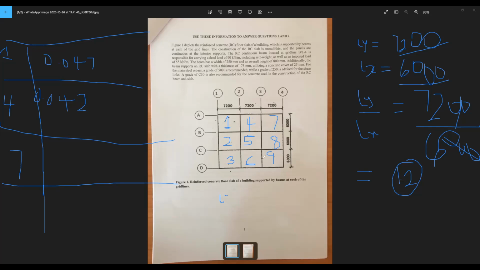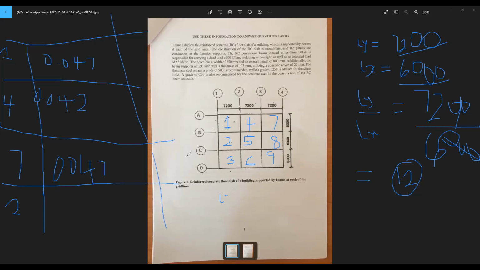So with the 1.2, let's get back to our code book and trace two adjacent edges discontinuous. Under that, positive moment at midspan, and under 1.2, you have 0.047. It's just like our panel 1, 0.047. Okay, so let's be fast with it.